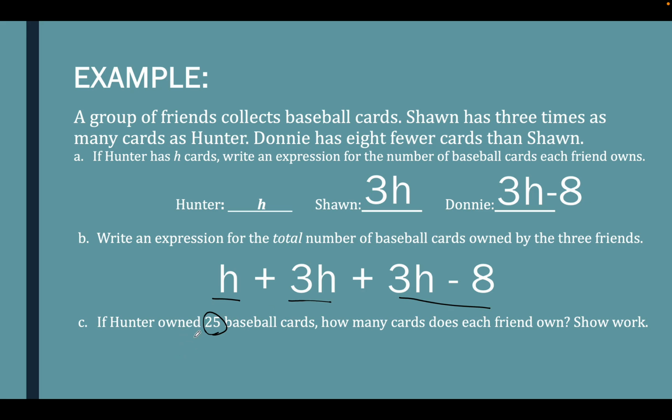Sean is 3 times that, which would be 3 times 25 is 75 cards. And then Donnie is 3 times 25, which is 75, minus 8, which would be 68 baseball cards.